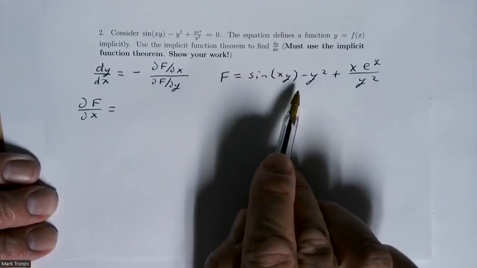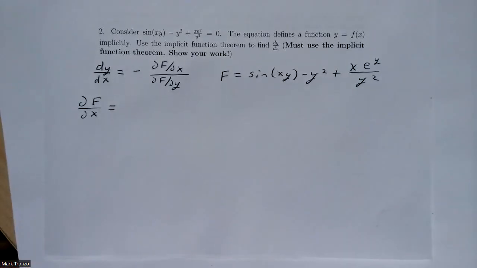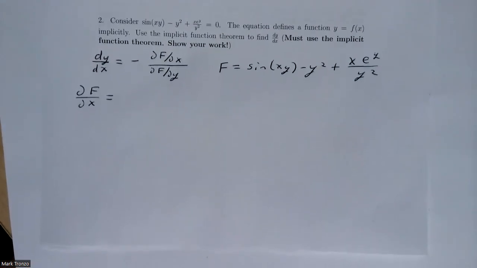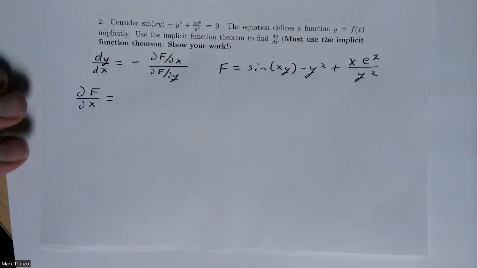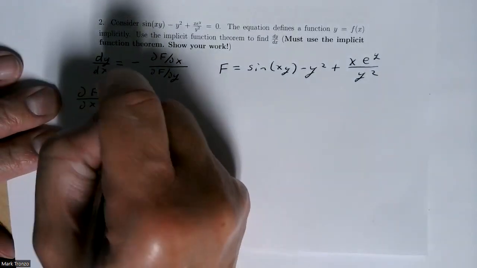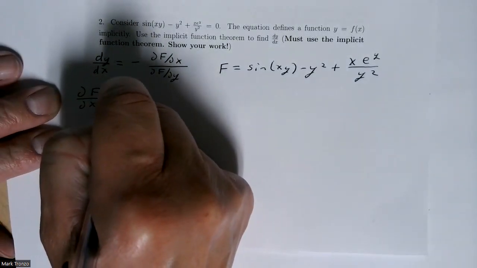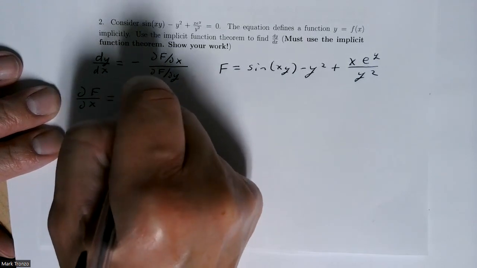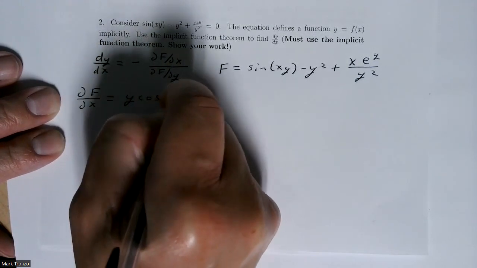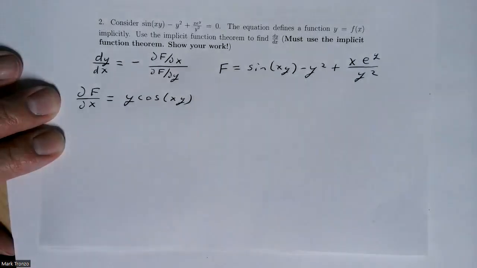Take the derivative of this whole thing with respect to x. That will give us y cos xy.